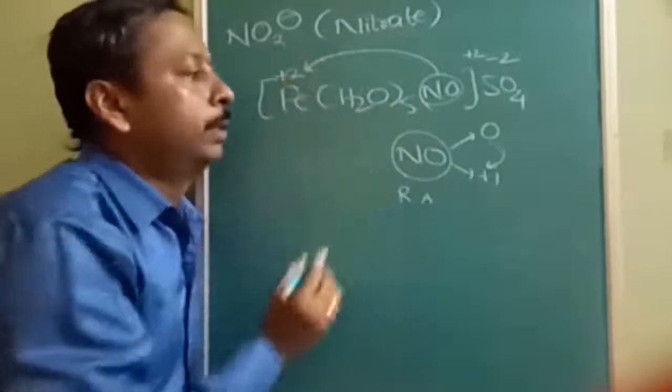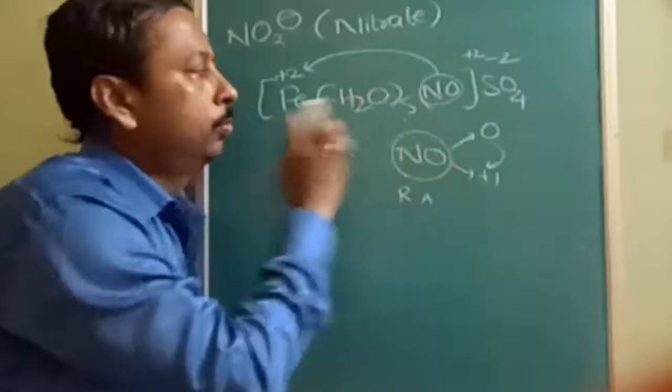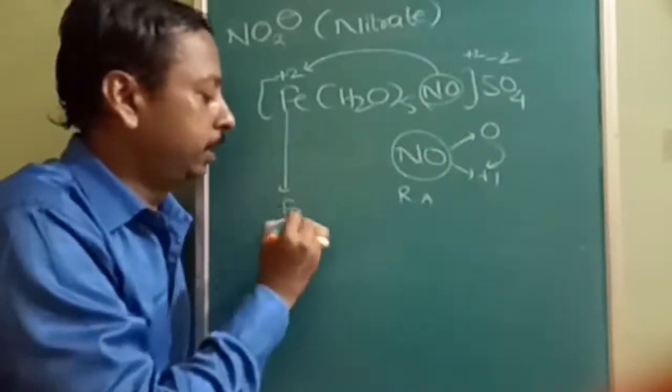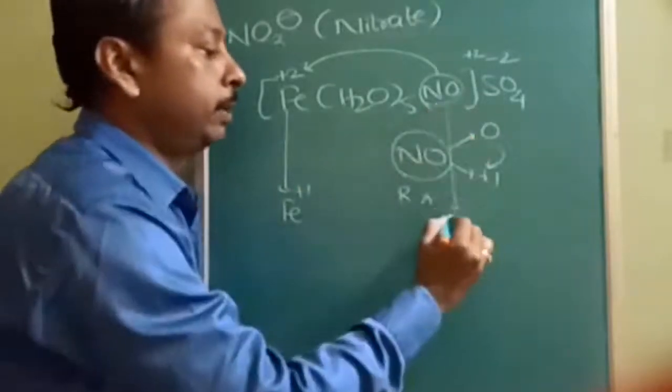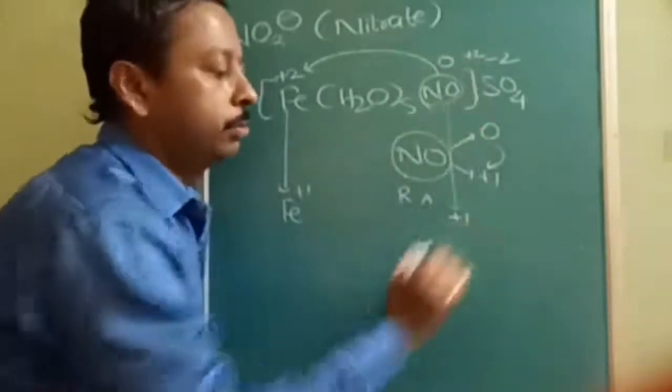So the electron transfer takes place from NO to Fe2 plus. Because of that, the oxidation number changes from Fe plus 2 to plus 1, and NO changes from 0 to plus 1.